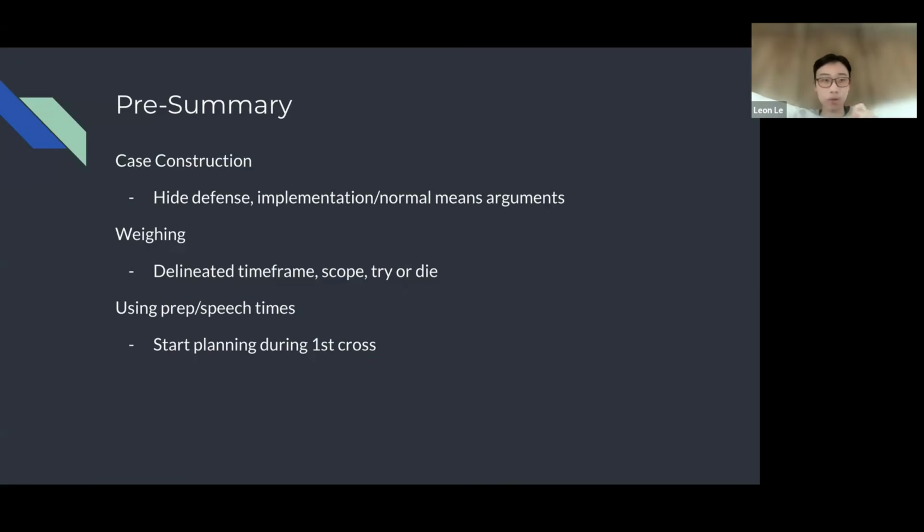Then write that out for your arguments and how it interacts with their internal links or impacts, so that when summary comes, you basically have all of your weighing written out, and you don't need to worry that much about weighing anymore. You can focus more on frontlining your arguments or extending defense to your opponent's arguments.